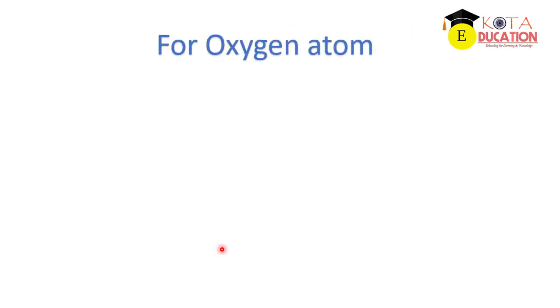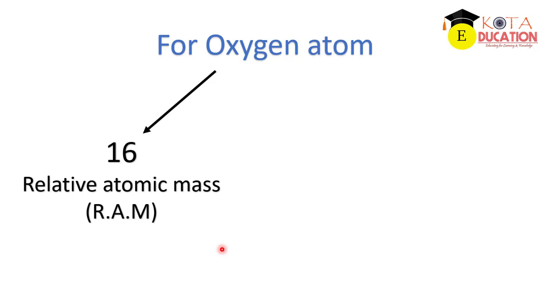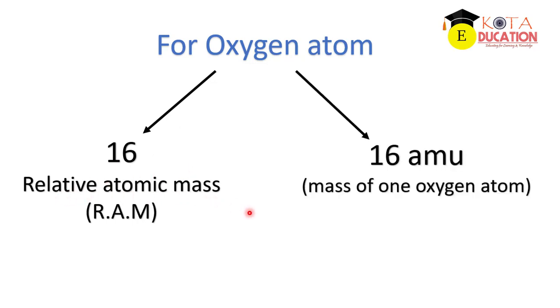So switching over, for a single oxygen atom, the relative atomic mass, what we learn, is 16. See here, there is no unit. So 16 is a unitless quantity. It is a relative atomic mass. And when we talk about the mass of a single oxygen atom, it is reported in AMU.